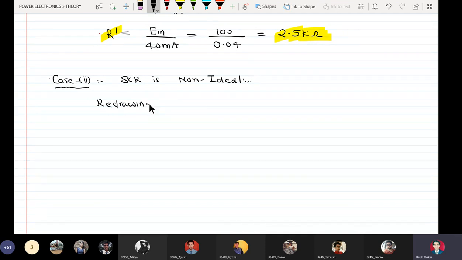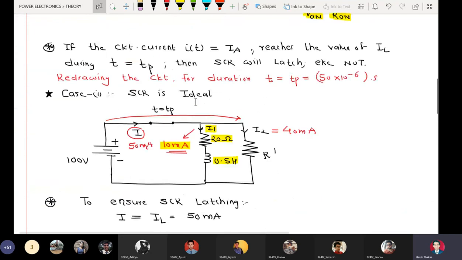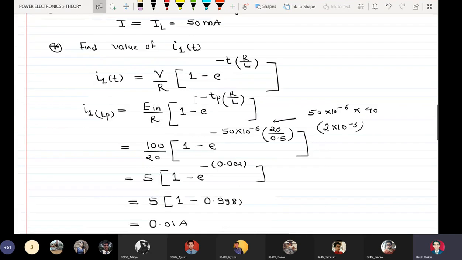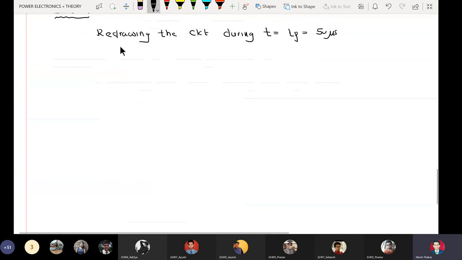Redrawing the circuit during T equal to TP equal to 50 microseconds. Now we are going to use this rule: replace the SCR with V on in series with R on.